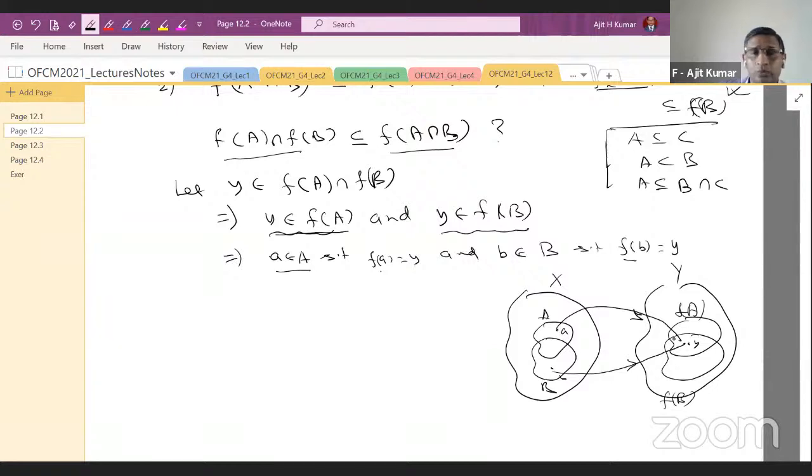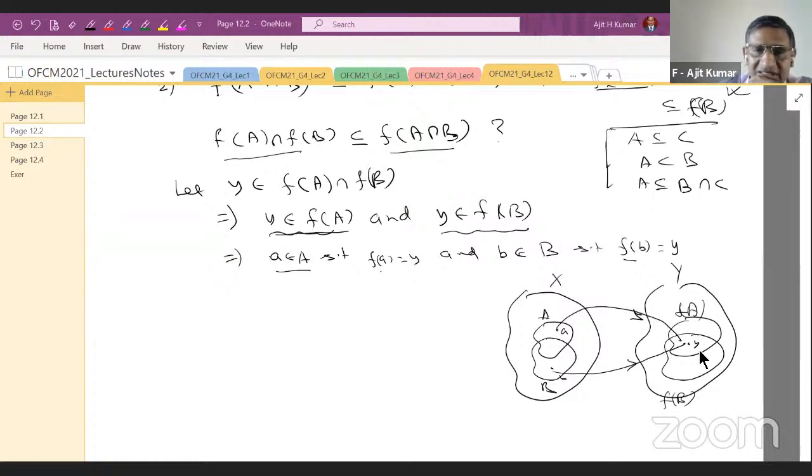We wanted to show that y lies in f of A intersection B. What we have got is one in A, one in B. Can we conclude that a is equal to b? That may not happen. You can have two different elements which have the same image.